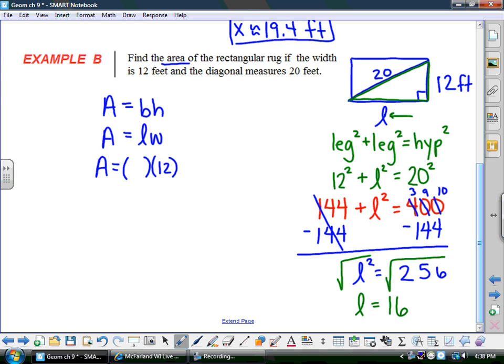The square root of 256 is exactly 16. So the length of the rectangle is 16 feet.